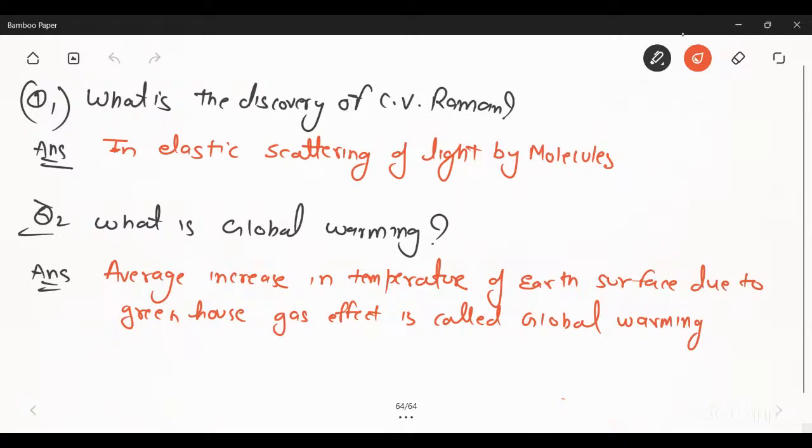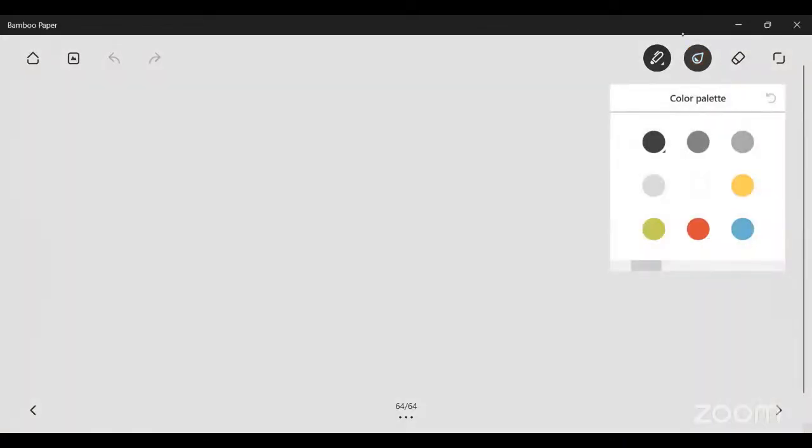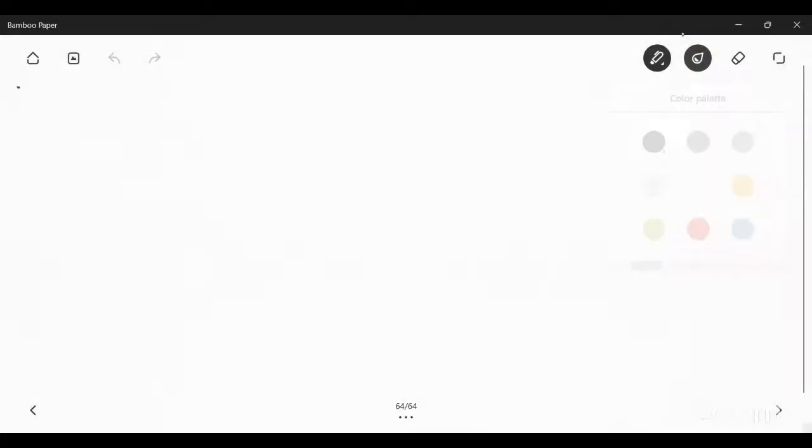The next question is, what is the contribution of S. Chandrasekhar to physics?